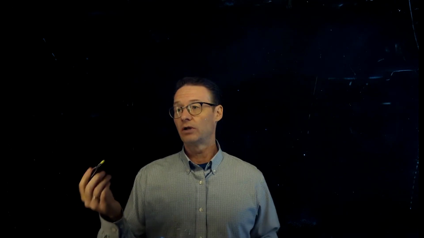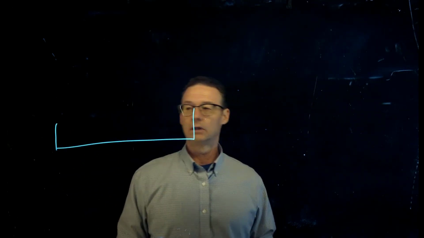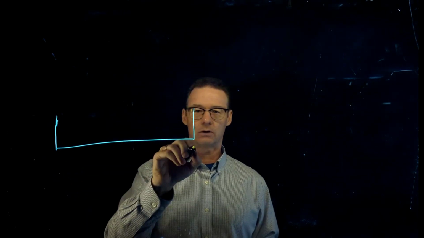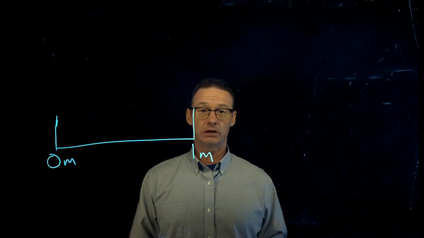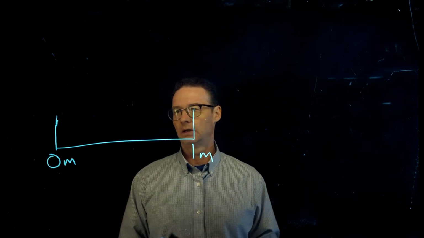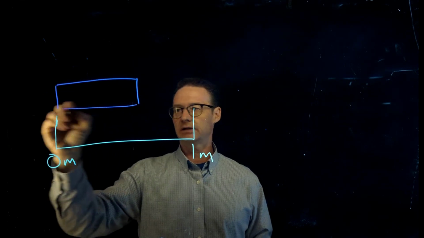So for example, if I have a ruler, let's say this is 1 meter long. So it starts at 0 meters and it goes to 1 meter. And let's say I'm measuring a box like this.